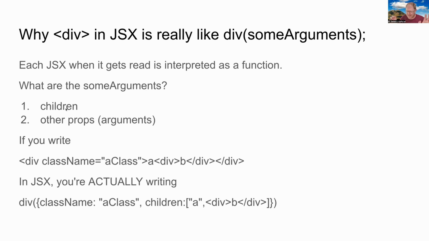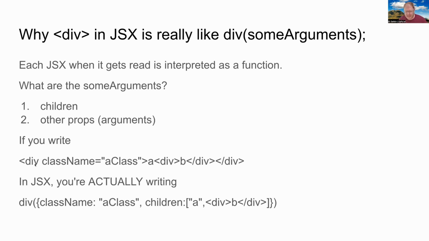If you destructure them, you might have seen destructuring before, where you have some curly brackets and then you have some variable names inside the curly brackets, and you're destructuring that from some other single argument that's really an object. So here the keys are children and some other arguments. It might be class name, it might be some other property, some other attribute that we call a prop on a JSX tag.